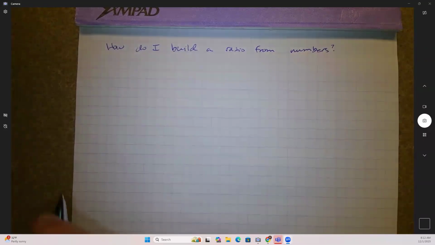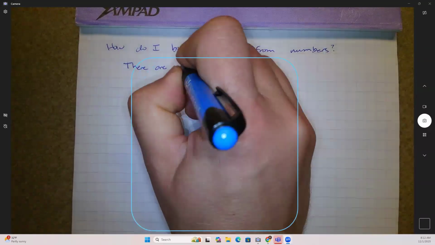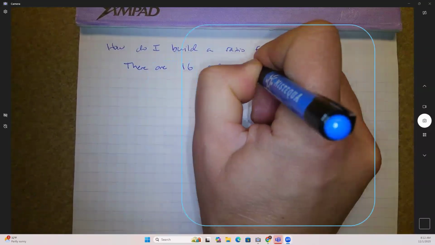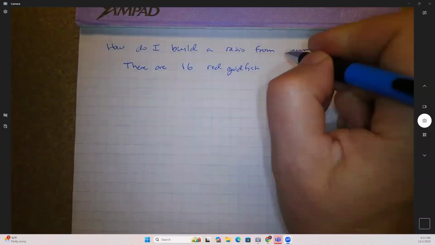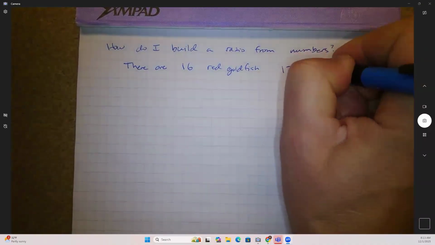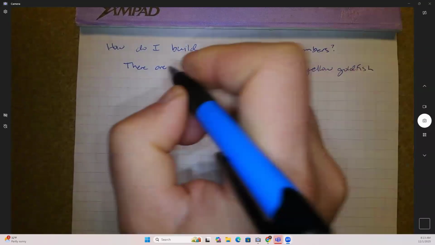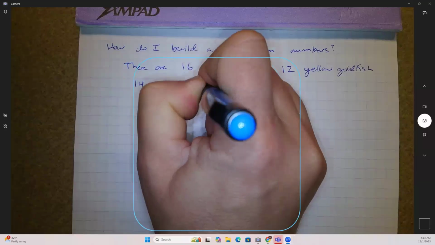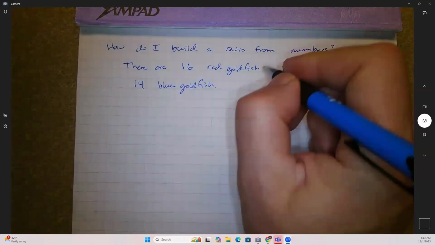So let's say I'm eating colorful goldfish, and there are 16 red goldfish. These are goldfish crackers, not actual goldfish. 12 yellow goldfish and 14 blue goldfish, because I think they make those in my box of colorful goldfish crackers.